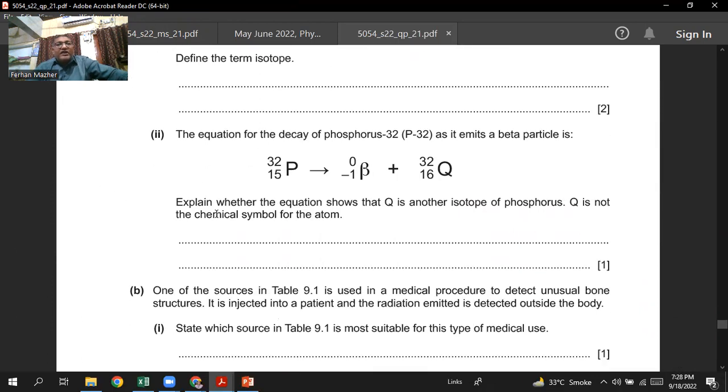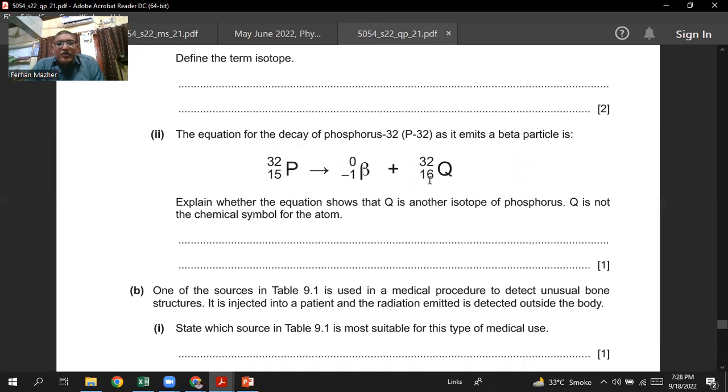Then he says the equation for the decay of phosphorus-32, P-32, as it emits a beta particle is as follows. Explain whether the equation shows Q is another isotope of phosphorus. Q is not the chemical symbol for the atom. These two are not isotopes of each other.